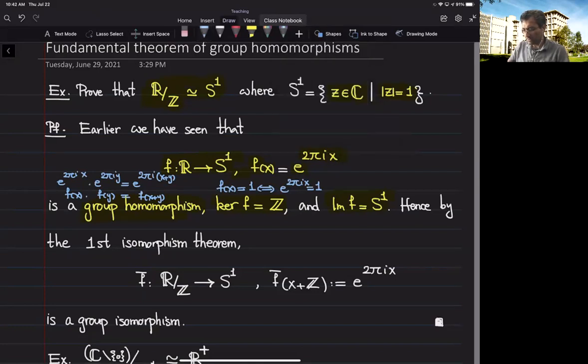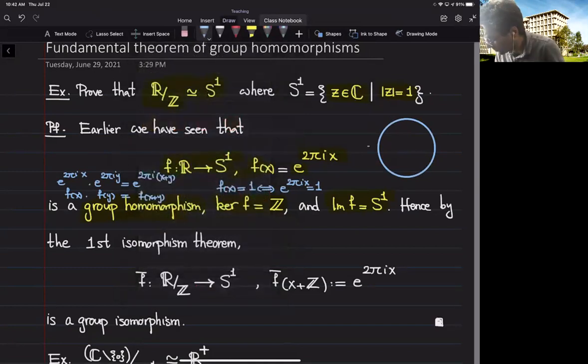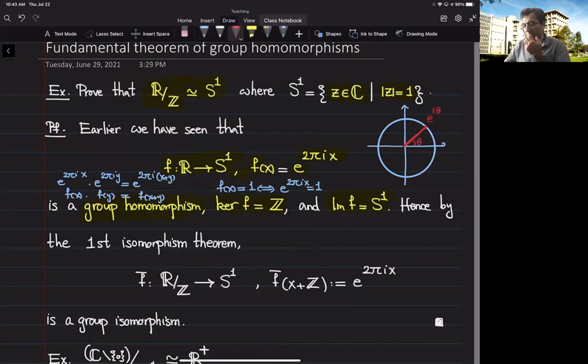Using a circle, this is my unit disk. So when I give you theta, then in this unit disk, e to the power i theta, this is Euler's equation, gives us this point. That's cosine of theta plus i sine of theta.